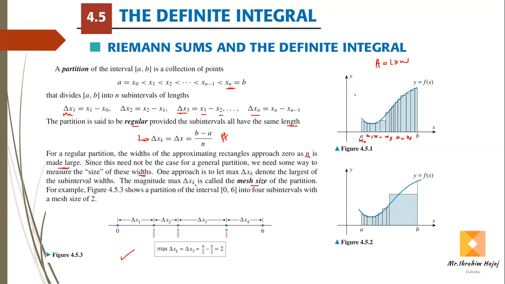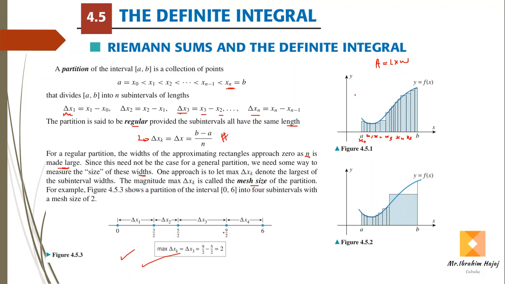The magnitude max delta xk is called the mesh size of the partition. From 0 to 6, for example, we can divide this distance between 0 and 6 into 4 intervals. It is 1, 2, 3, 4. Delta x1, delta x2, delta x3, delta x4, and so on. And we have to find the max delta xk, which is delta x3.